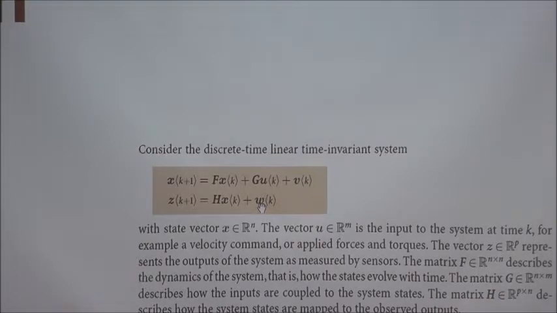This is what's given to you. In this case, v and w are stochastic functions, assumed to be white Gaussian noise. Okay, that's why you need that appendix on the Gaussian function.